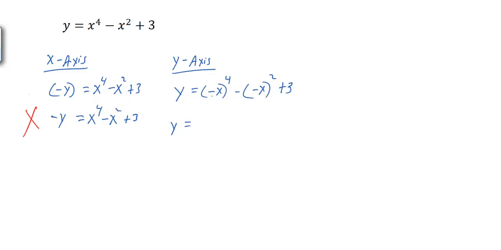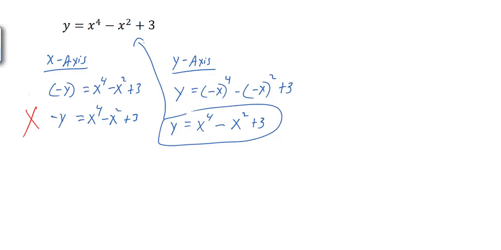And if we simplify this now, negative x to the fourth, so it's an even exponent, so a negative times a negative times a negative times a negative would be a positive x to the fourth minus a negative x squared, so once again that's going to go positive. And if we compare this to the original equation, they are the same. So therefore, it is symmetric with the y-axis.